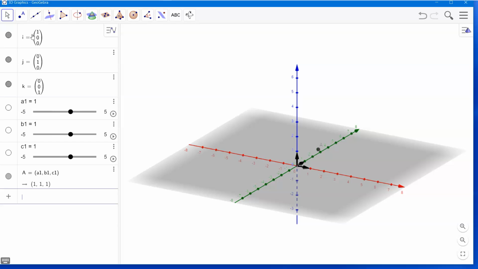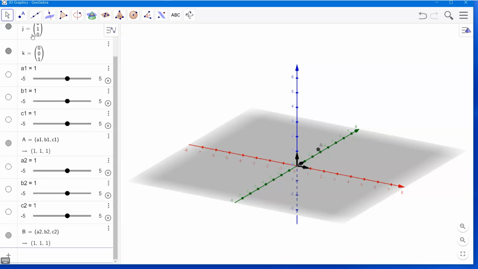It will automatically create the sliders. Similarly, let's say we have a2, b2, c2. Since all the values are the same, they are one on top of the other, so let's move it so that they are away from each other.